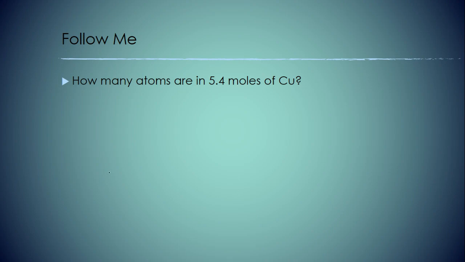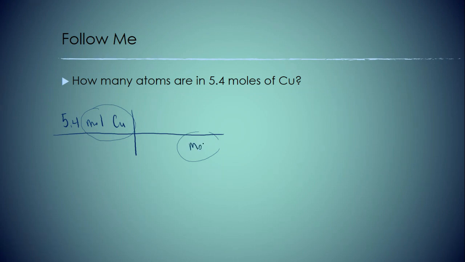Our first one says how many atoms are in 5.40 moles of copper? Well, the first thing that we need to do is write down what we know up here, 5.4 moles of copper. And if you remember from Module 1, our next step was to always take whatever's up here and put it in the bottom of the next fraction so that it would cancel out. So we need to put moles of copper down here.